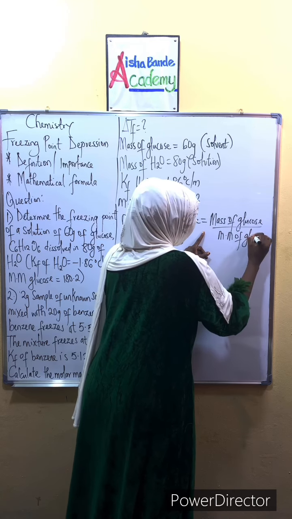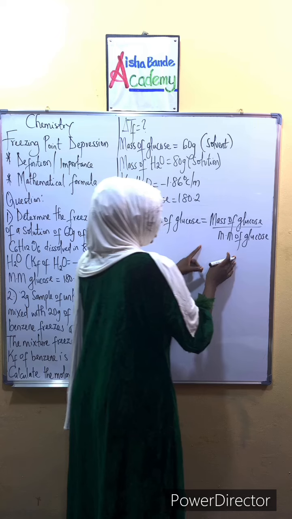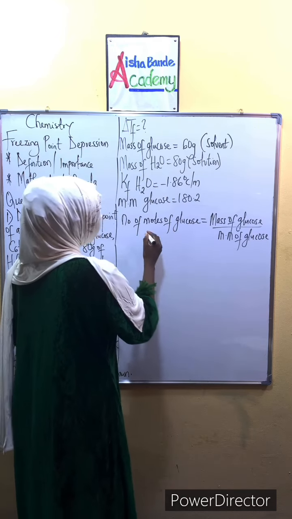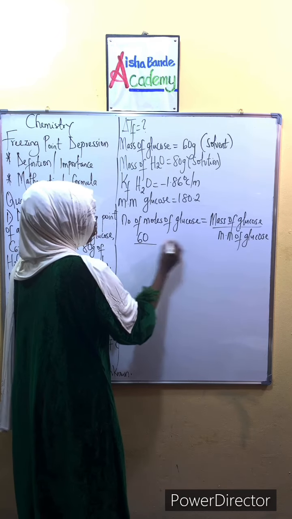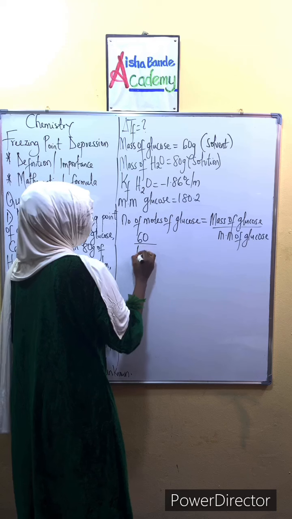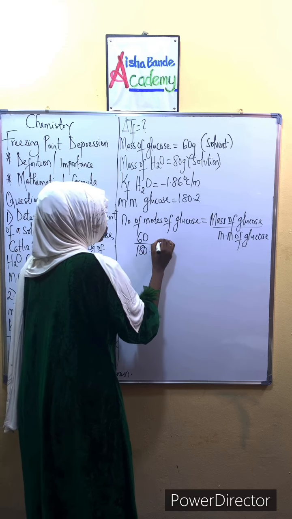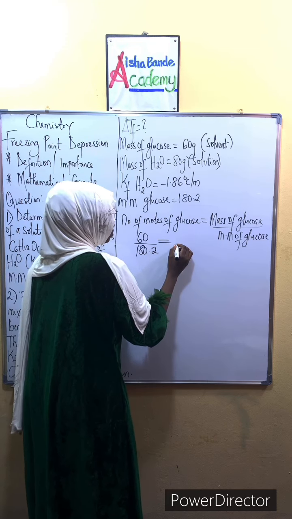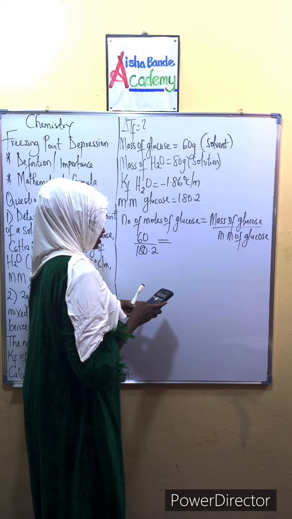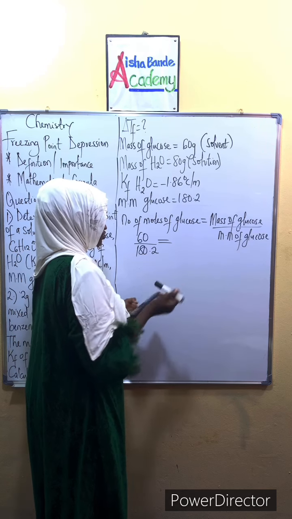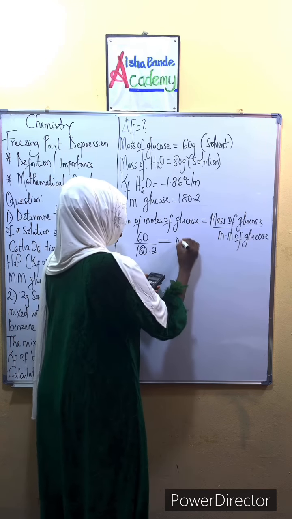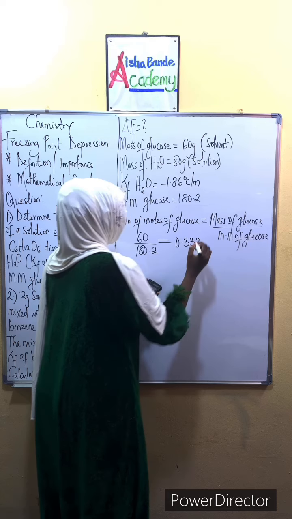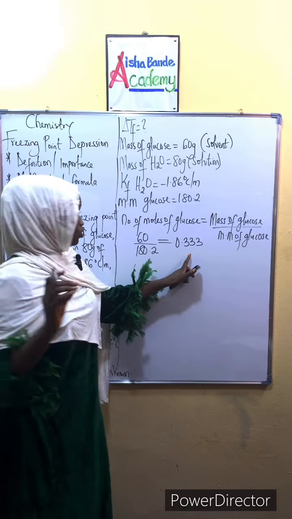Okay, and all of these parameters have been provided in the question. So the mass of glucose is given as 60 over the molar mass of glucose, which has been given as 180.2. So punching our calculator, 60 divided by 180.2, and this gives us a value of 0.333. So this is the number of moles of glucose.